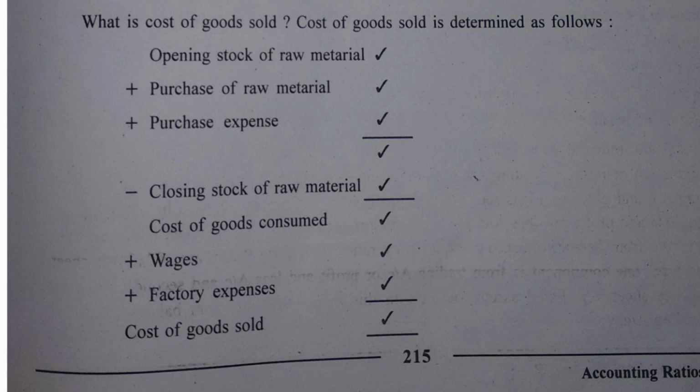The figure obtained is cost of goods consumed, plus wages plus factory expenses gives you COGS, cost of goods sold. Alright.